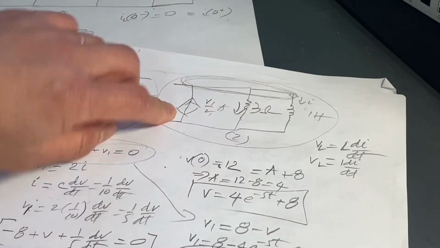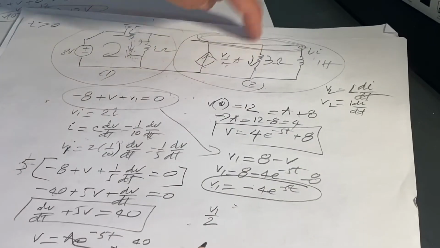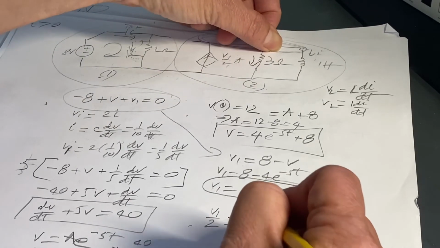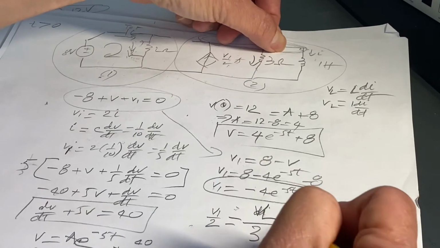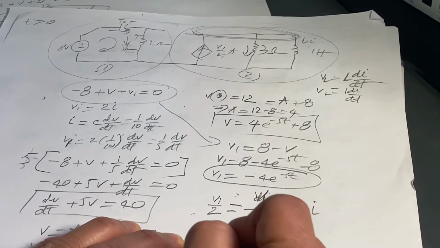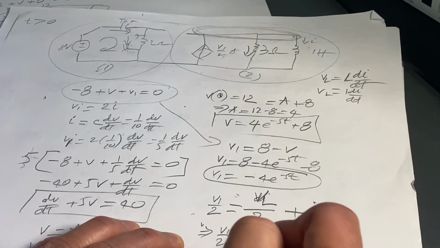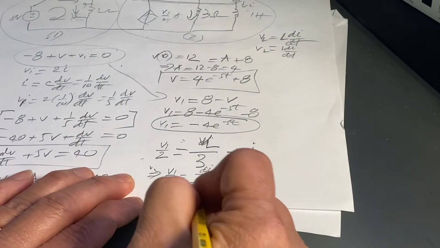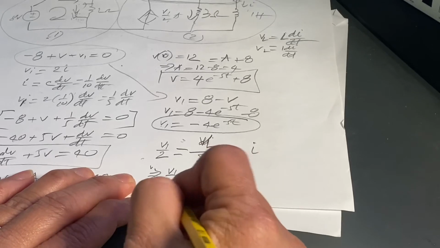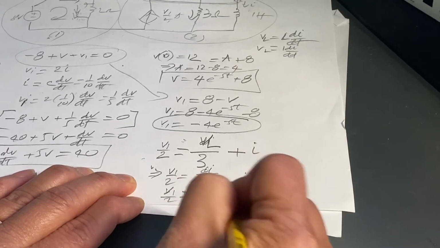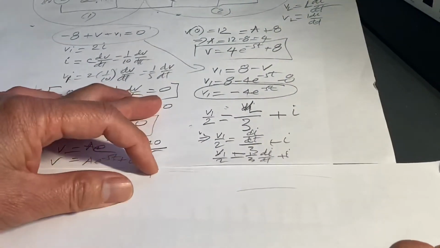So I write the node equation: V1 over 2 equals VL divided by 3 plus current I. So V1 over 2 equals (di/dt) divided by 3 plus I, that is, 1/3 di/dt plus I. I simplify this one.